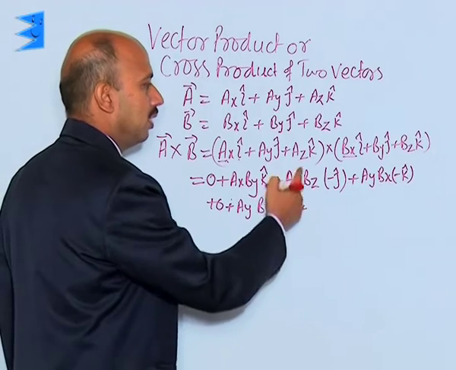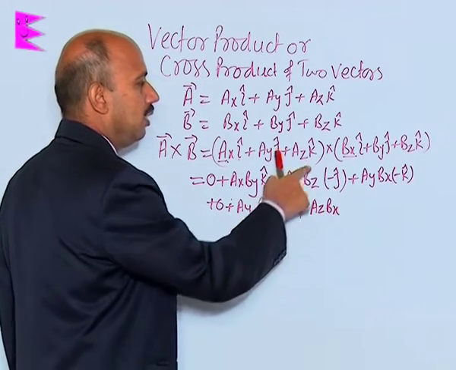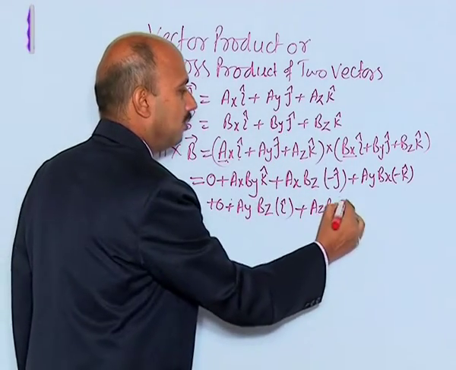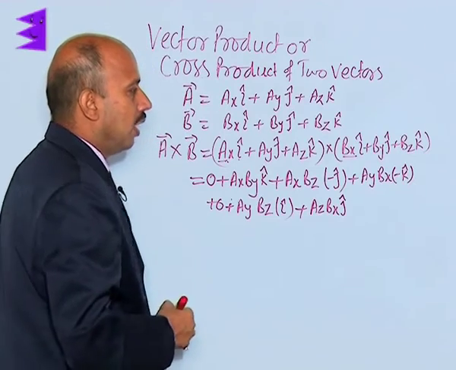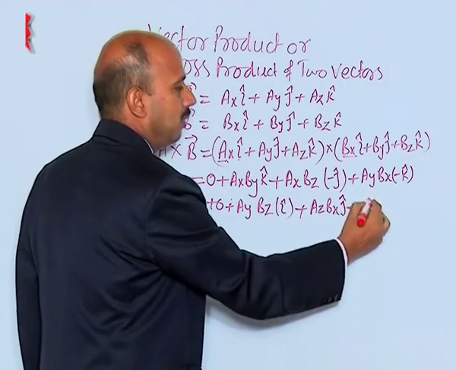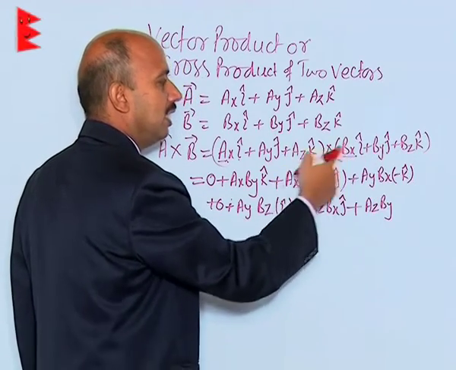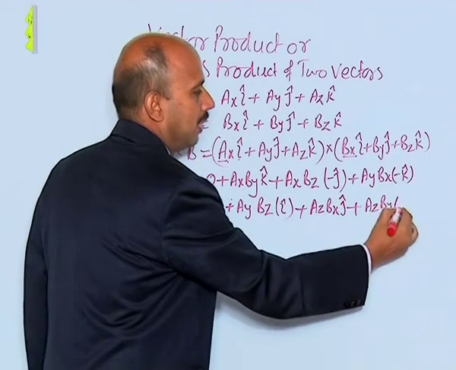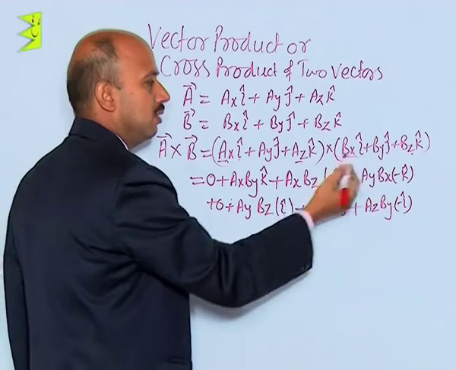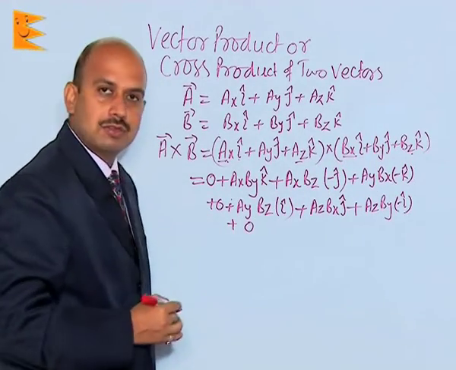Then plus AZ BX, k cross i, and k cross i is j cap. Now plus AZ BY, that is k cross j, which is minus i cap. Now AZ BZ, k cap cross k cap, is equal to 0, so plus 0.